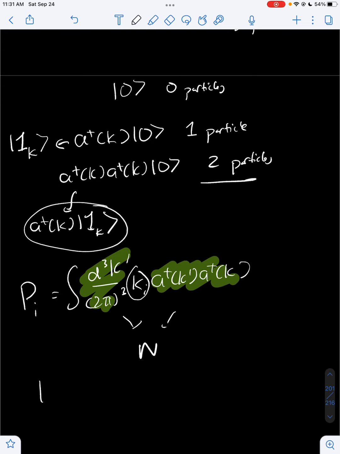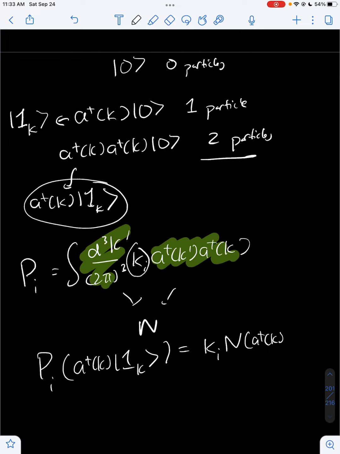So this means that the momentum operator acting on A conjugate K, acting on the state that has 1 particle with momentum K, which I'll just call the first particle momentum state, that's just going to give us, where n is the number operator.